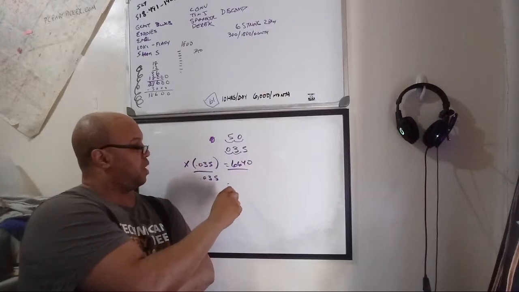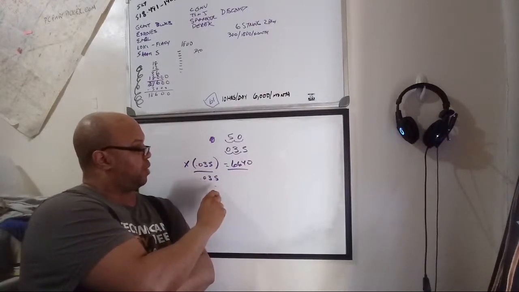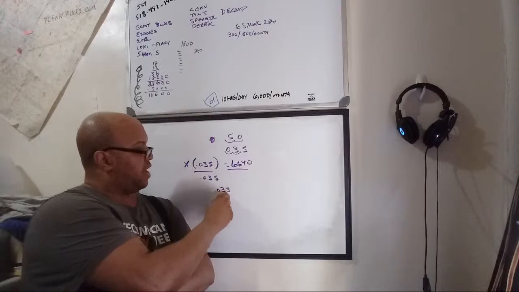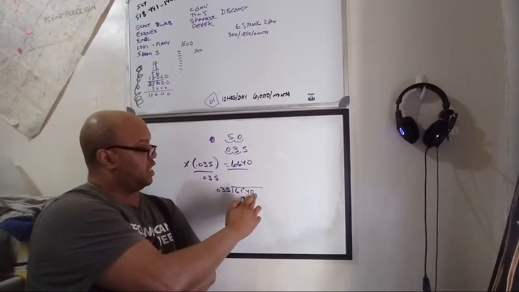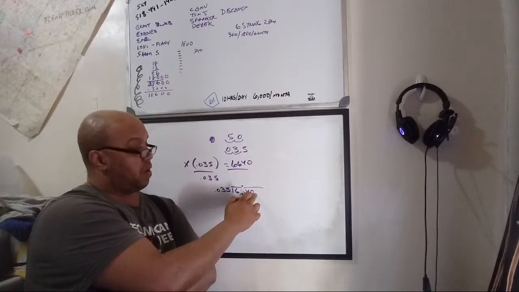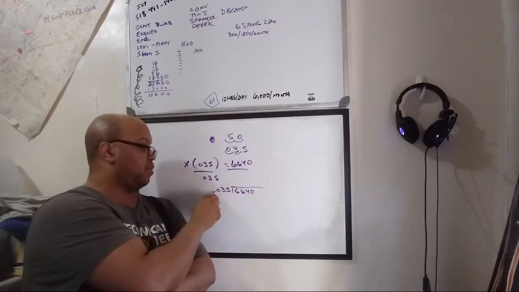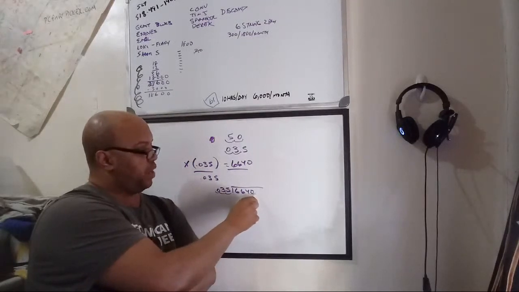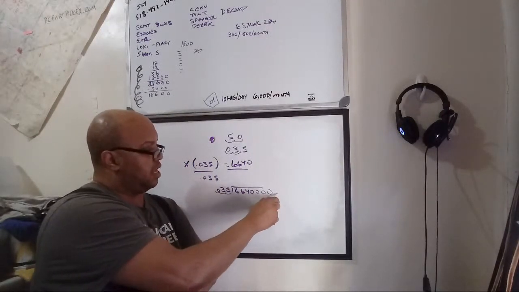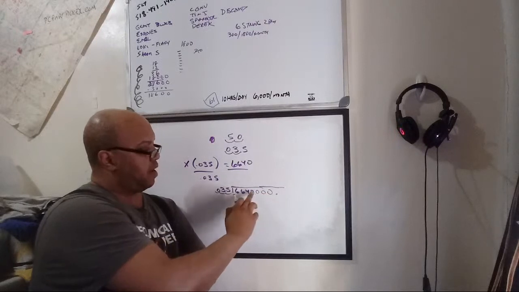So it will be 0.035 outside of the house, 6,640. Initially the decimal will go here, right? But we can't do that because we have to move 1, 2, 3 on the outside. And whatever we do on the outside, we do on the inside. So the decimal will actually wind up there.